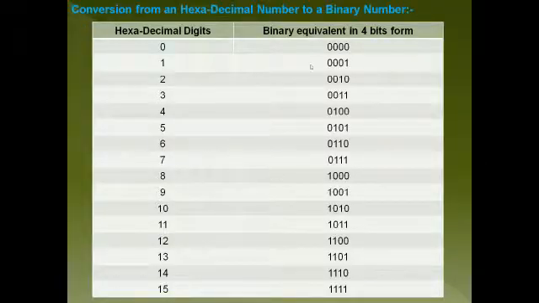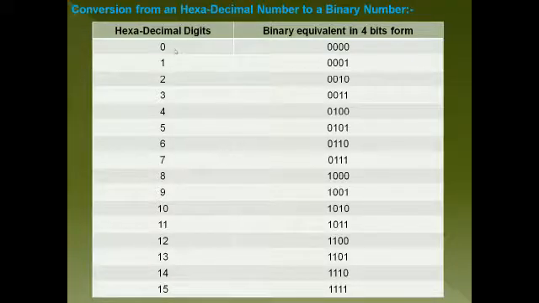This table you can see in your book also, page number 31. Here I have also made this table, hexadecimal digit. This is the 0, equivalent to 0000, 4 bits. 1, this 2 till 15 I have written here.